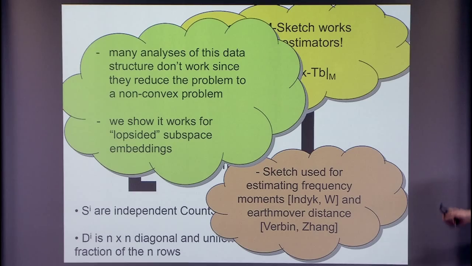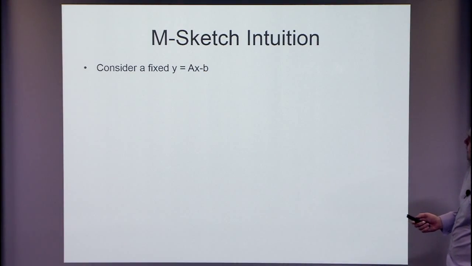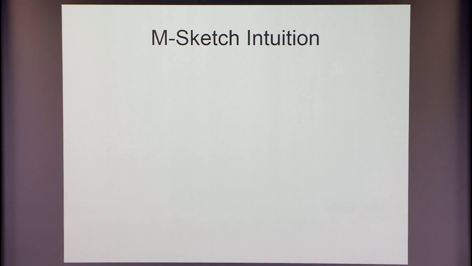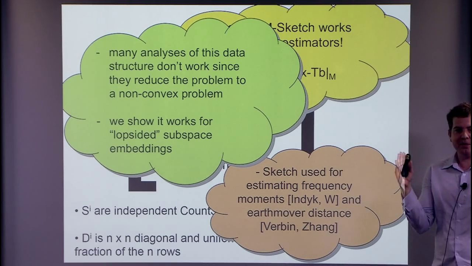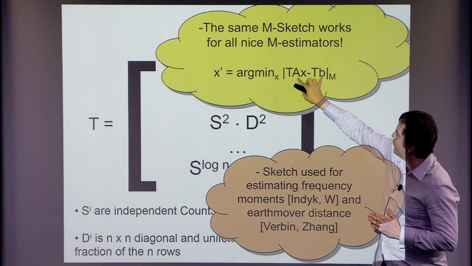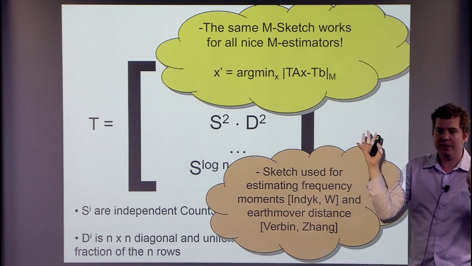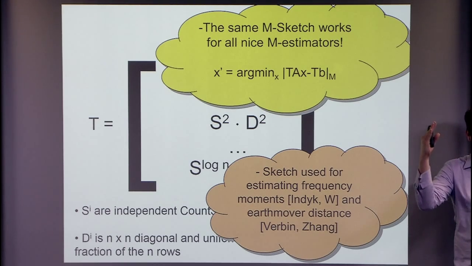And we show here that it works in the context of lopsided subspace embeddings, which, yeah, how much time do I have? I'm out of time. Okay. So let me just say one word about lopsided subspace embeddings, which is that we can't preserve the entire column space of A. What we'd like to do is, for all x, preserve the norm of Ax minus b, which is preserving the norms of everything in the column space of A adjoined with b.